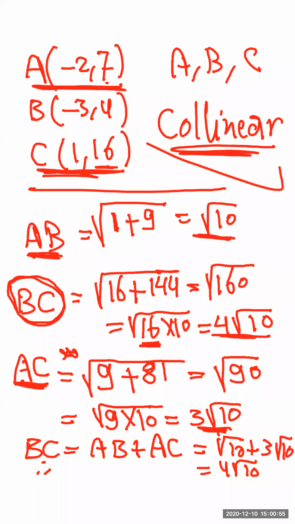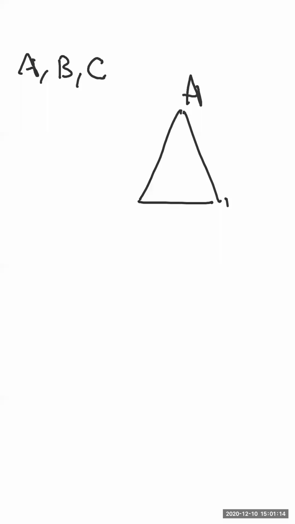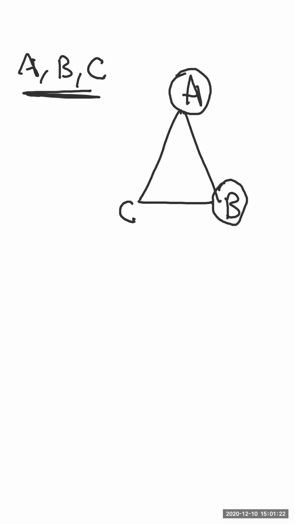Now the next point. If I want to prove that points A and B and C are vertices of a triangle like this one, A, B, C, I mean that they are forming a triangle with these 3 vertices, A and B and C. So the first step, we will find AB and then BC and then AC.